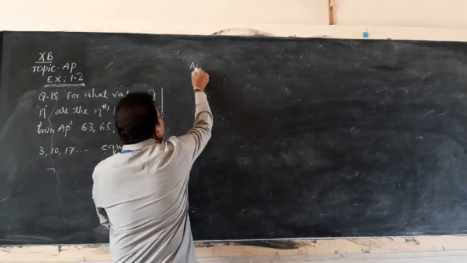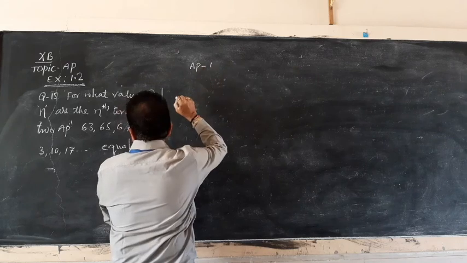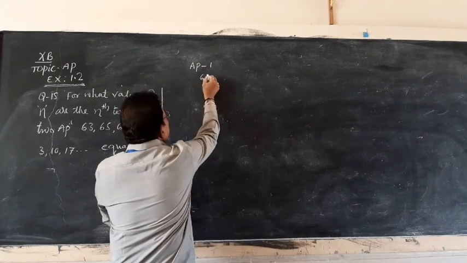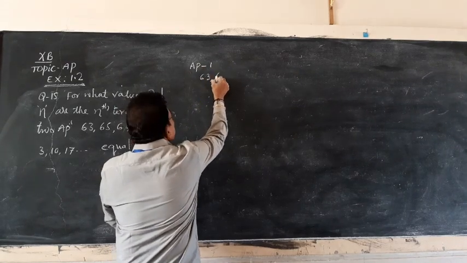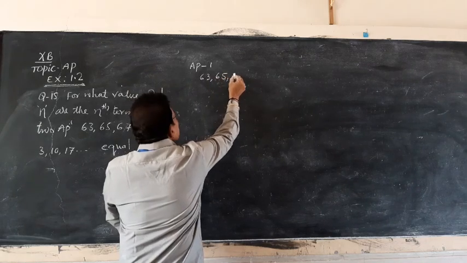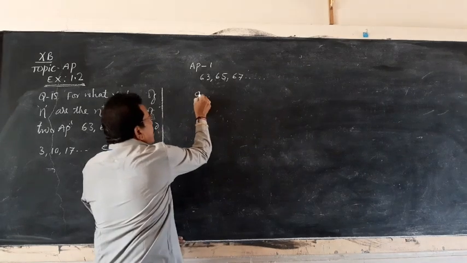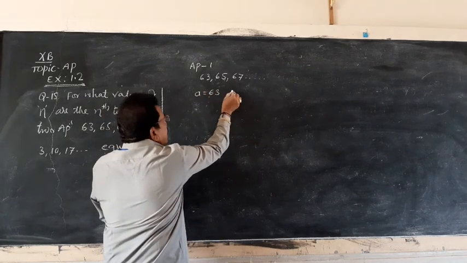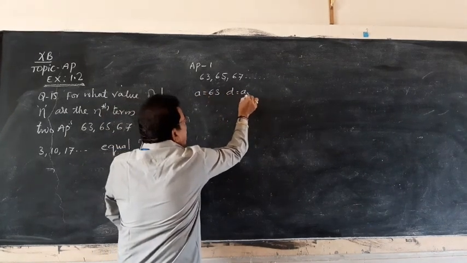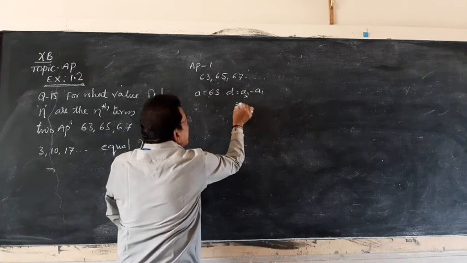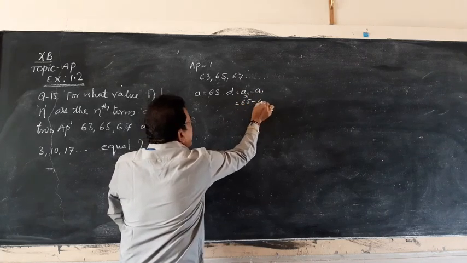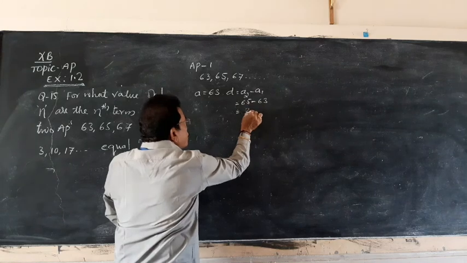AP1: 63, 65, 67, and so on. A equals 63, D equals A2 minus A1, 65 minus 63, that is 2.